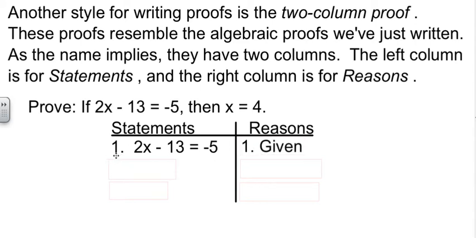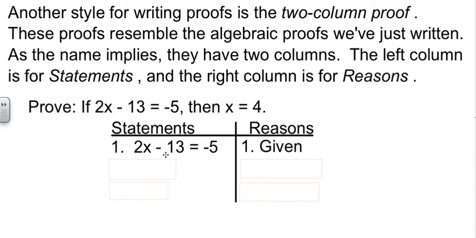Now you'll notice I have number 1 on those. When you write with two columns, you number your statements and you number your reasons to match, just in case your statement takes more space and then you have the reason for number 2 next to the statement for number 1 or something like that. You want to number them so that they can be followed.